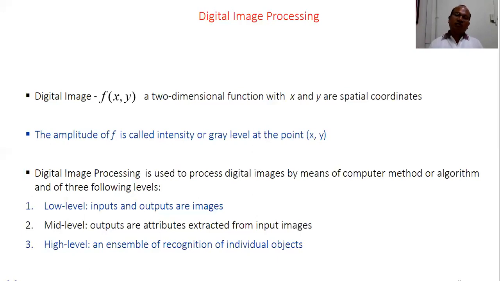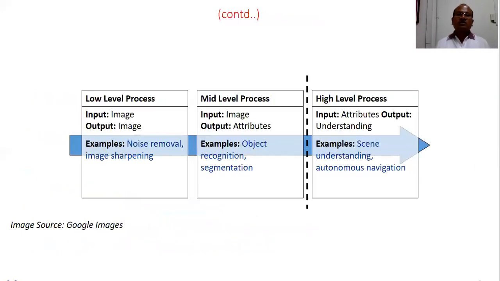Third one is high level, where the input will be those attributes and output will be some understanding, decision making, some cognitive understanding of the image, knowledge which will come out from the image, but the input is attributes. Let's see the next slide that gives a clearer glimpse and the examples as well.